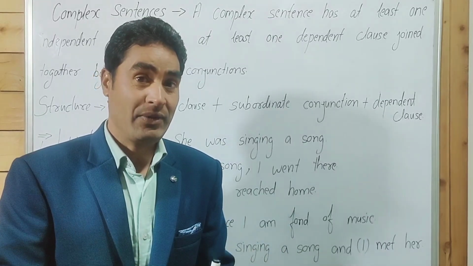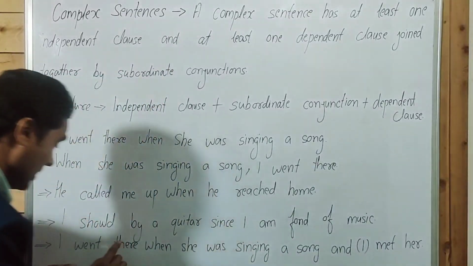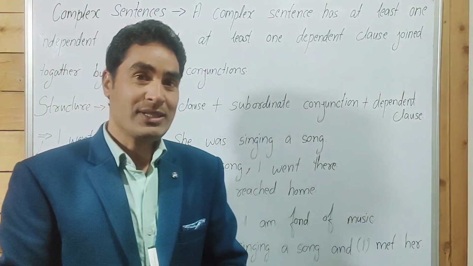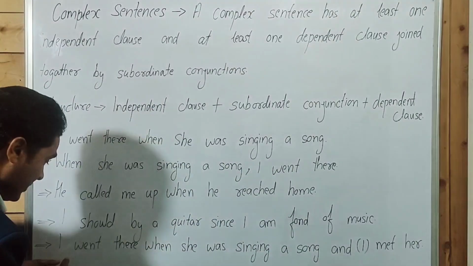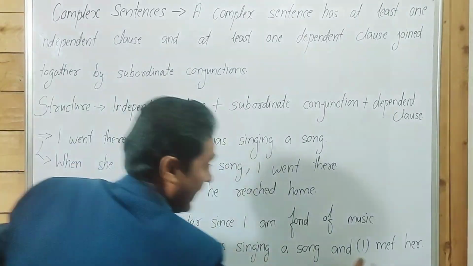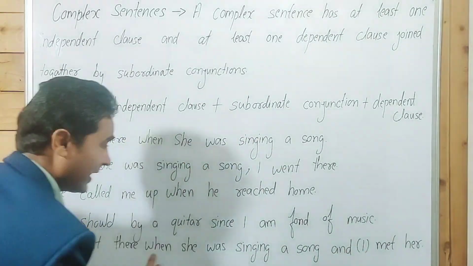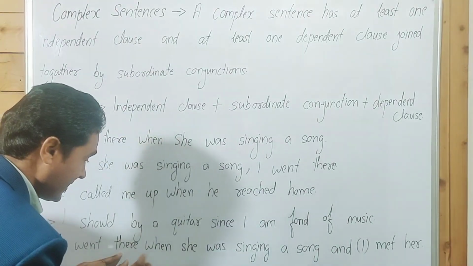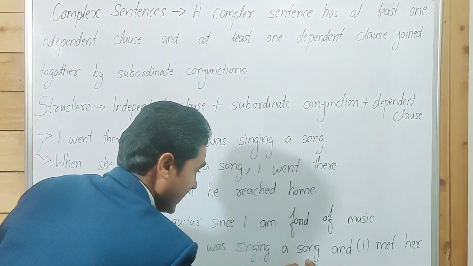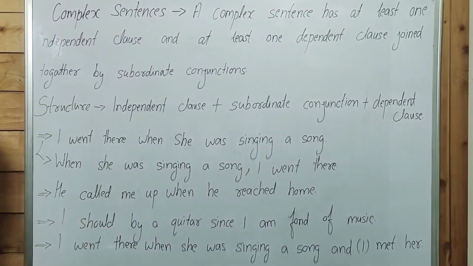It should have at least two independent clauses and one dependent clause. Here the two independent clauses are: I went there and I met her. And second, when she was singing a song is a dependent clause.